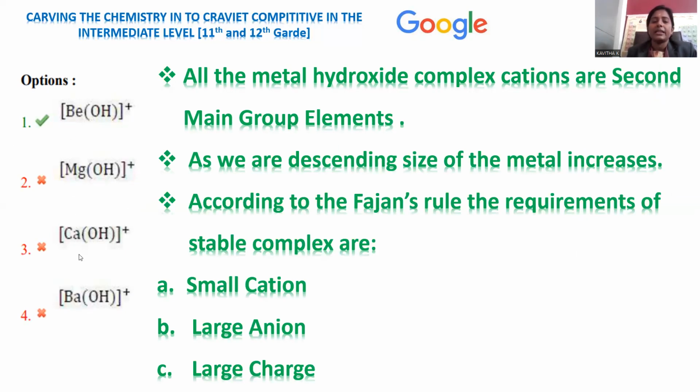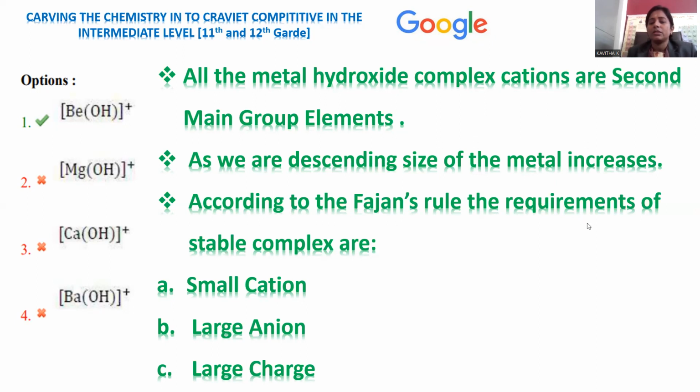This is an increasing order in the group. Top to bottom, we are moving to higher atomic number. As we are descending, the size of the metal increases. Compared to beryllium, magnesium is larger, magnesium to calcium is larger, calcium to barium is larger. That is point number 2.